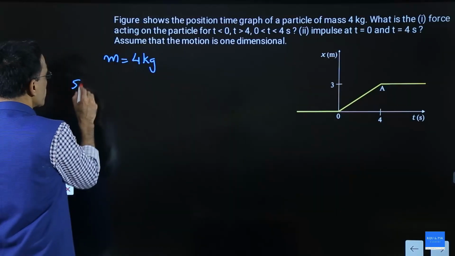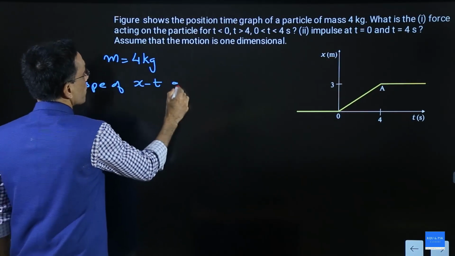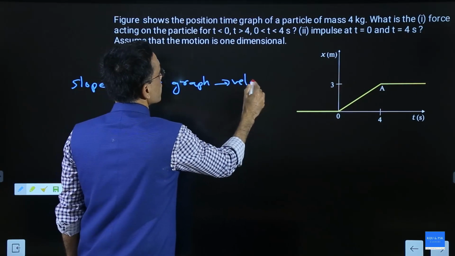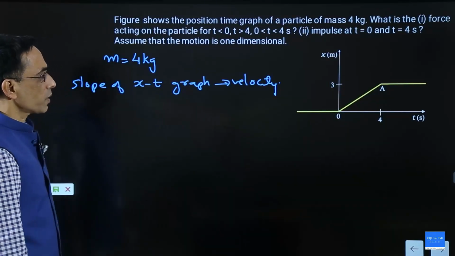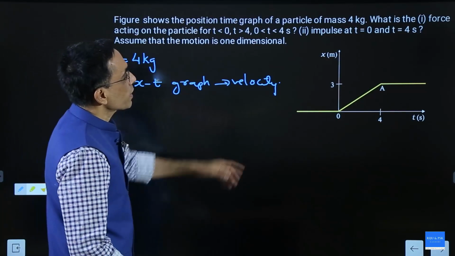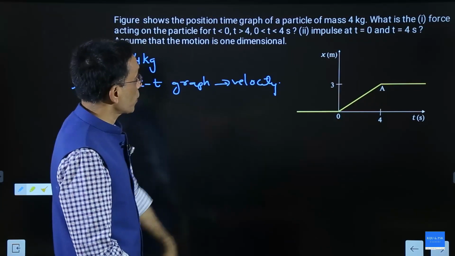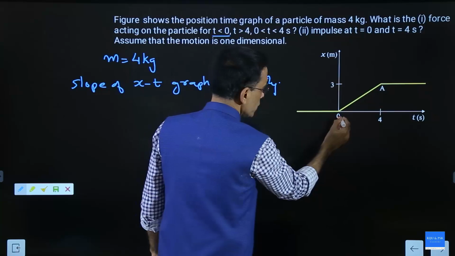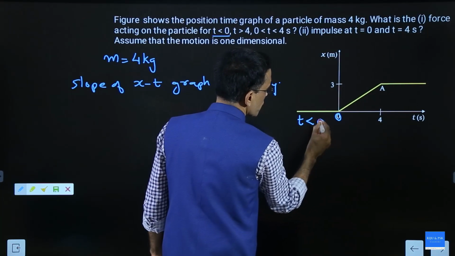Slope of the position-time graph gives velocity. That is enough, velocity. What is asked? What is the force acting on the particle for t less than 0? This is 0. Less than 0 means this part, t less than 0.